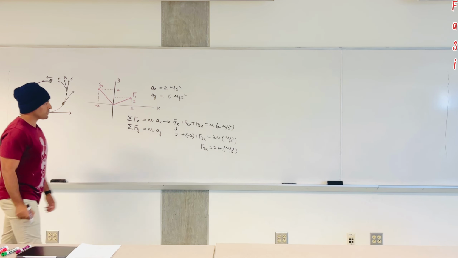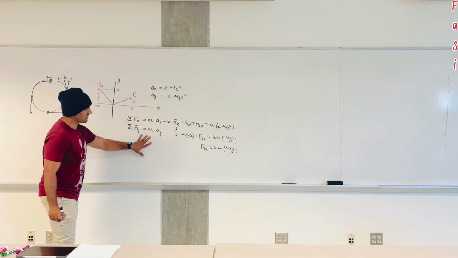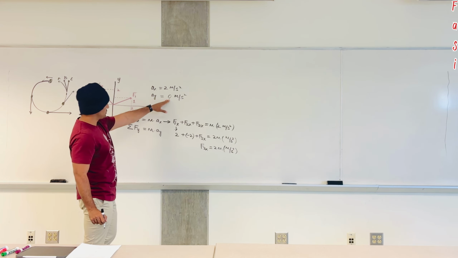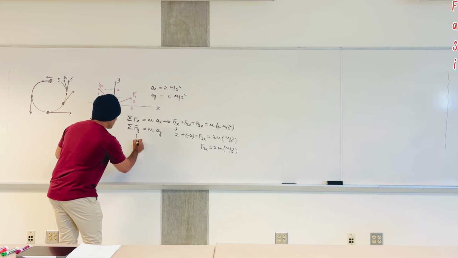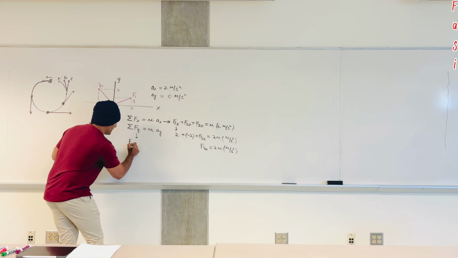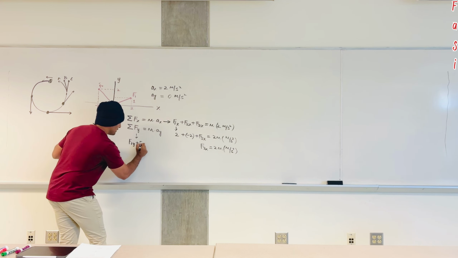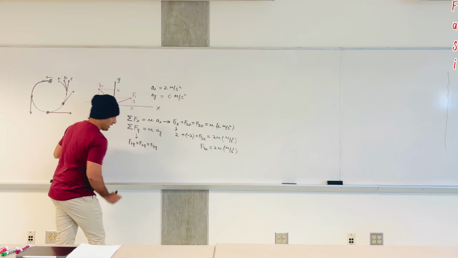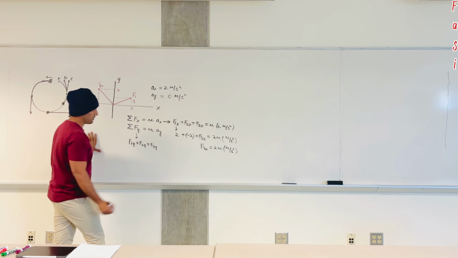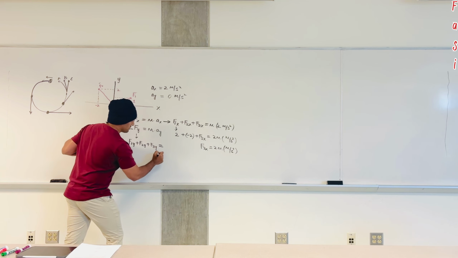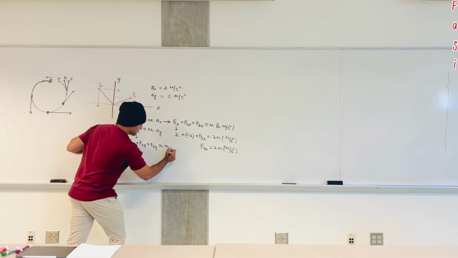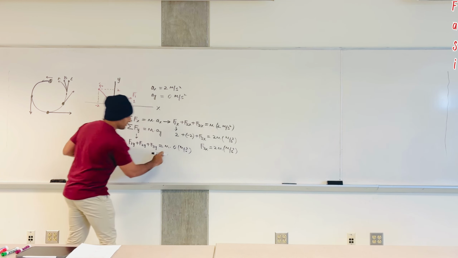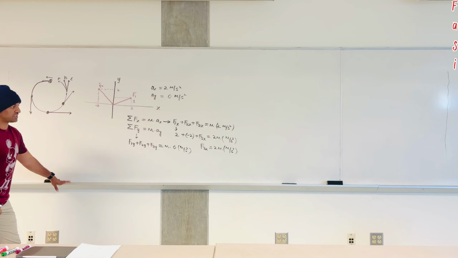Similarly, we can use the second formula for the y-directed forces. Acceleration is 0. So this will be F1y plus F2y plus F3y, the y component of the third force, which we are going to find. Since acceleration is 0, the right-hand side is m times 0 meters per second square, and 0 multiplied with m gives us 0.